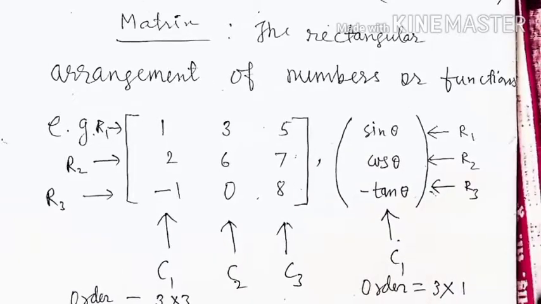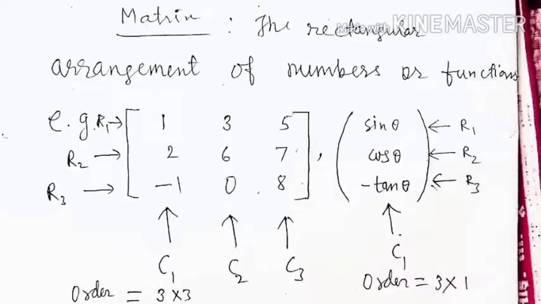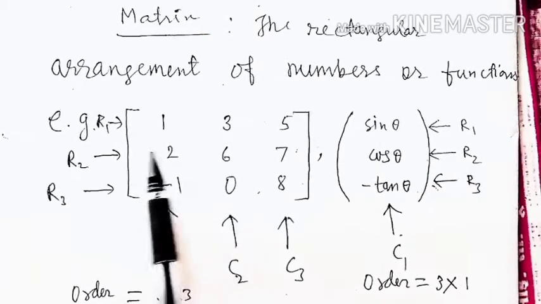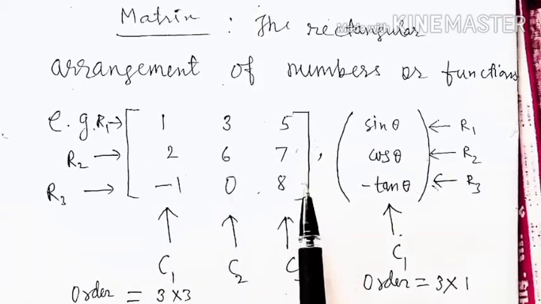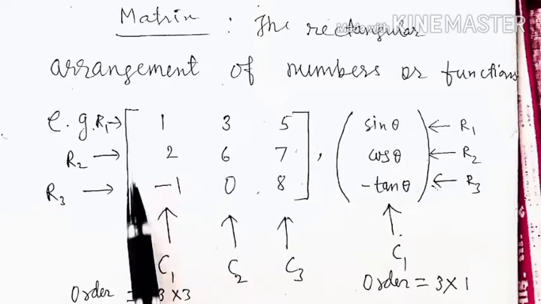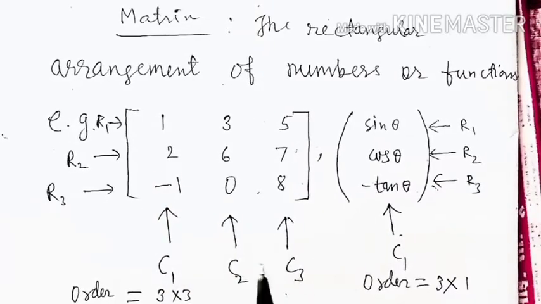Now we can write its order, and remember that order is the number of rows multiplied by the number of columns. So for this matrix, the number of rows is 3 and the number of columns is 3. So its order will be 3 cross 3. Here the number of rows is 3 and columns is 1. So order is 3 cross 1.